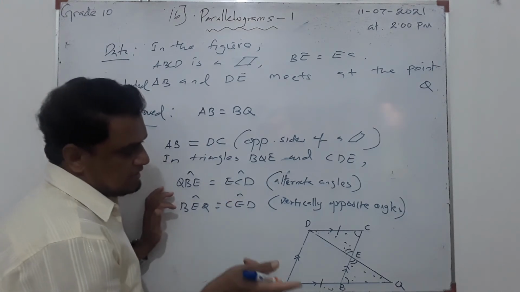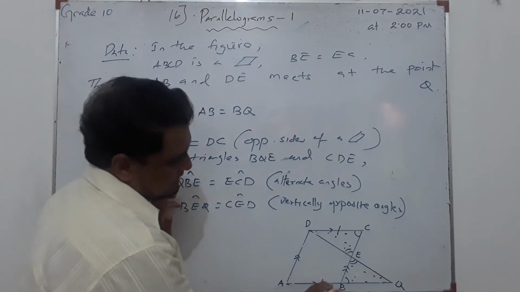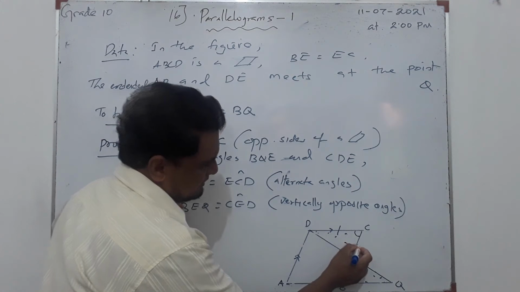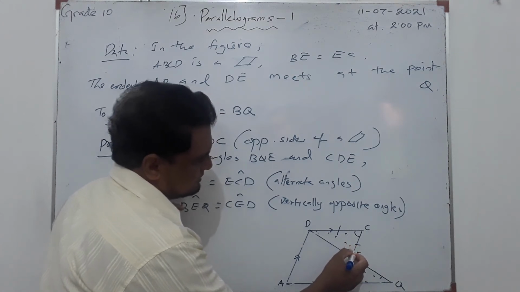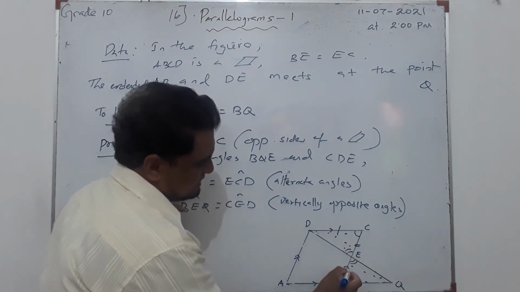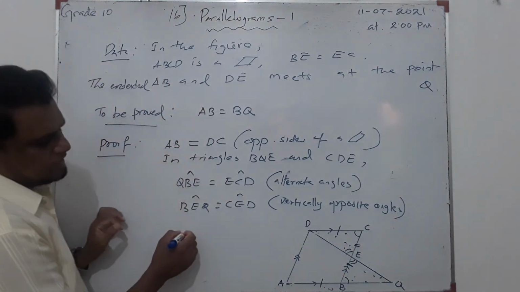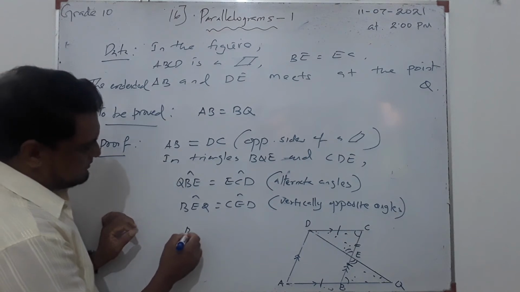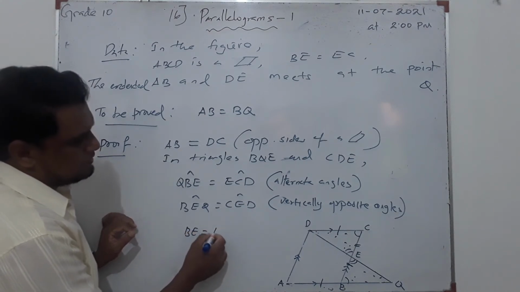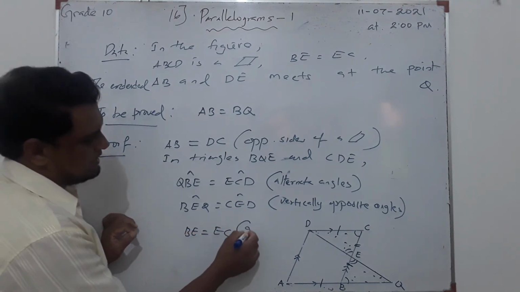We need another side that is given here. That is given already, right? This one is equal to this one. So you can put it here: BE equal to EC. That is given.